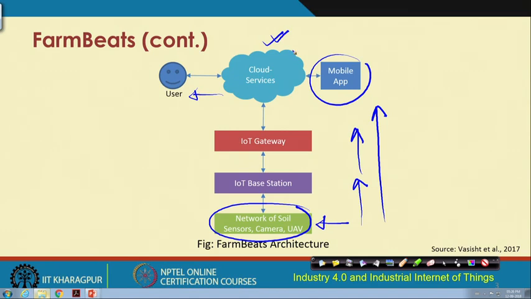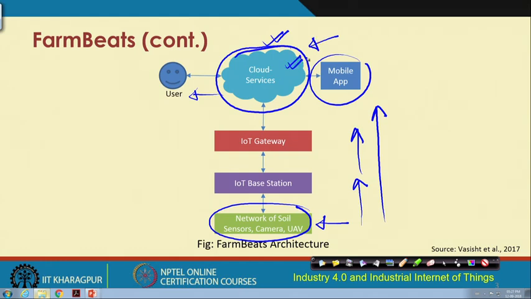As we can see, the integral part of this architecture is the cloud services. Precision agriculture talks about making meaningful inferences out of the data collected as quickly as possible using a processing engine, typically in the form of a cloud based architecture.